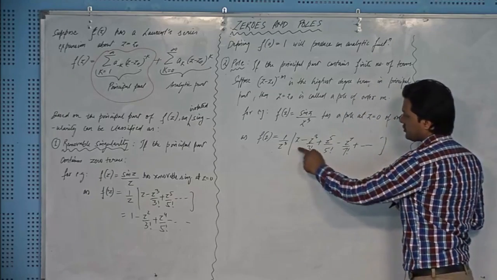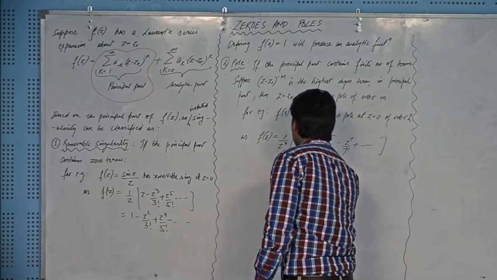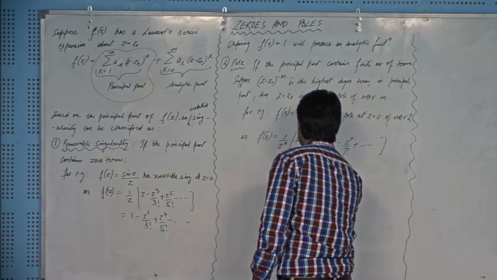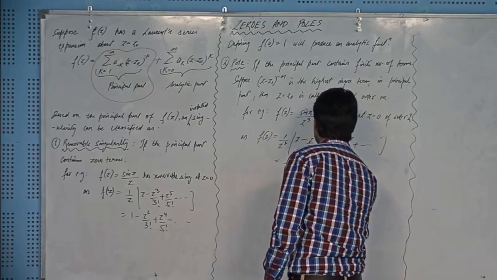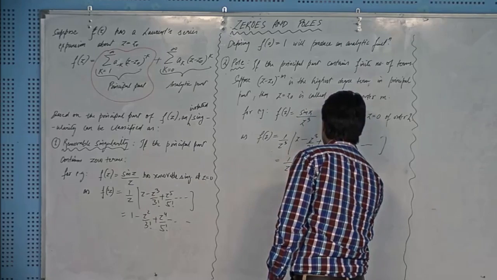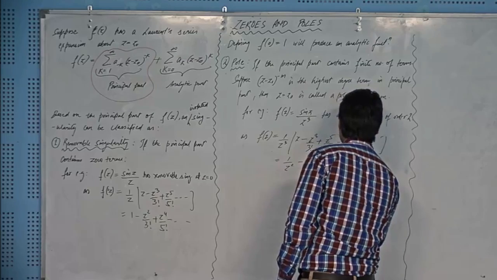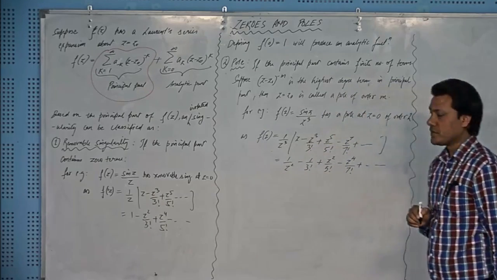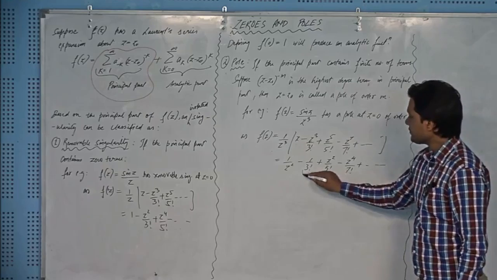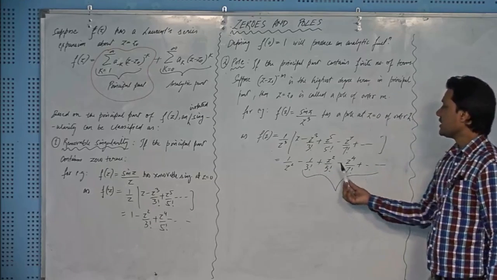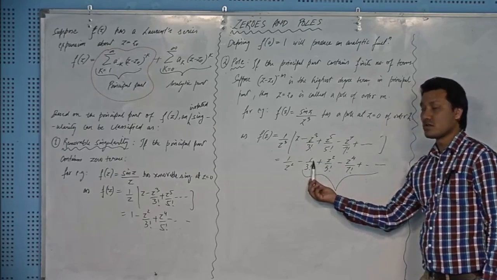And taking this 1 by z cube inside the bracket, we will have 1 over z square minus 1 over 3 factorial and then plus z square over 5 factorial minus z to the power 4 over 7 factorial, and so on, right? So this is the analytic part containing positive powers of z and a constant term, right?